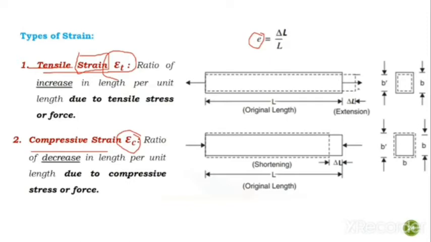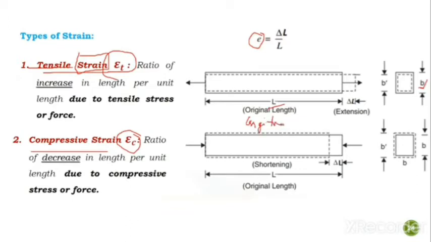But here you need to understand two things. This bar has length L and width B. So this bar has two dimensions. This is a square cross section, therefore only B is mentioned. If this is B, this is also B. Now this L is nothing but the longitudinal dimension of that bar.